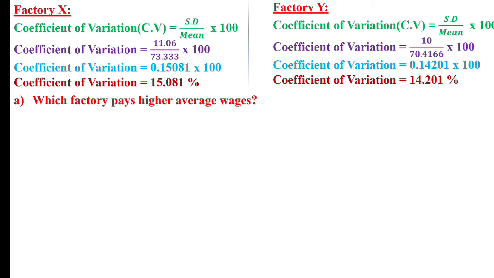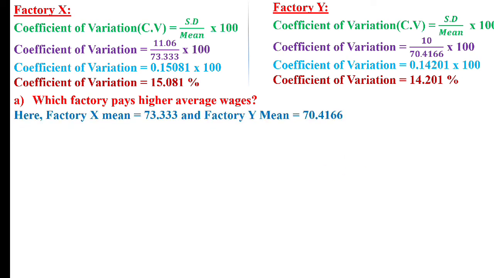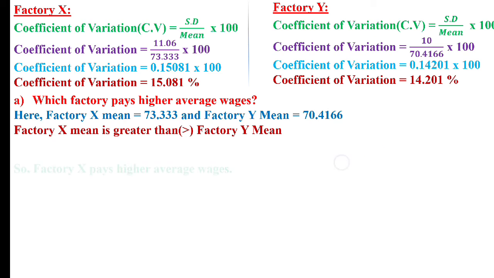Which factory pays higher average? Factory X mean is 73.333, factory Y mean is 70.4166. So factory X mean is greater than factory Y mean. So factory X pays higher average wages. The mean value which is more is the higher wages.